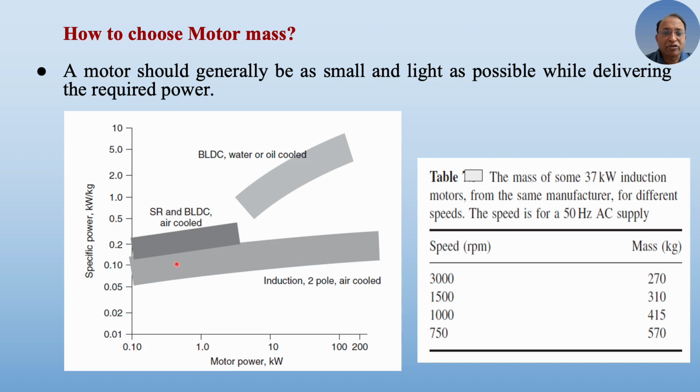So over a wide range of operation of the induction motor, we get a very low specific power, that is power per kilogram of motor is very low in this comparison.